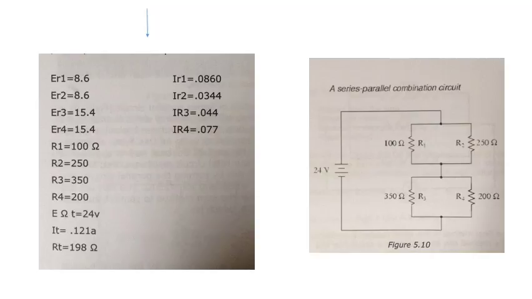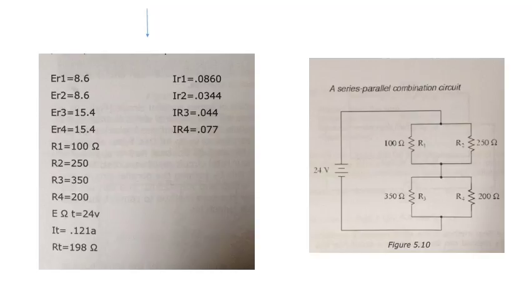The answers are ER1 equals 8.6, ER2 equals 8.6, ER3 equals 15.4, ER4 equals 15.4. R1 equals 100 ohms, R2 equals 250, R3 equals 350, R4 equals 200. E total equals 24 volts.